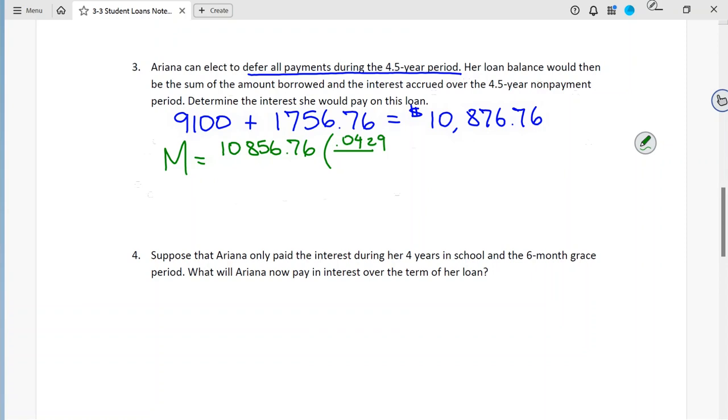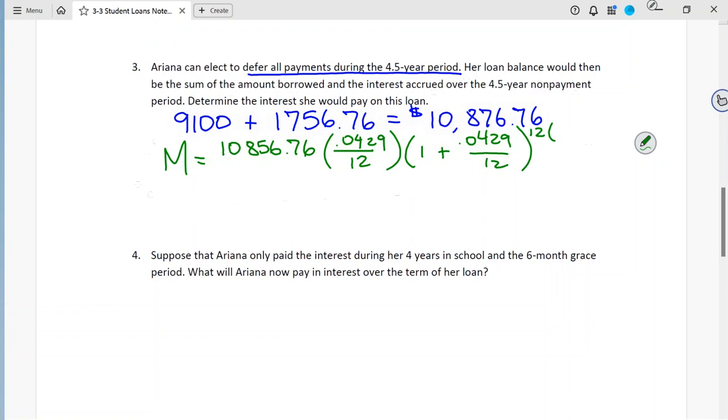Okay, and this is monthly. She's paying it monthly, so that would be 12 times 1 plus the interest rate, 0.0429 over 12, to the power of NT, which is 12 times a year.